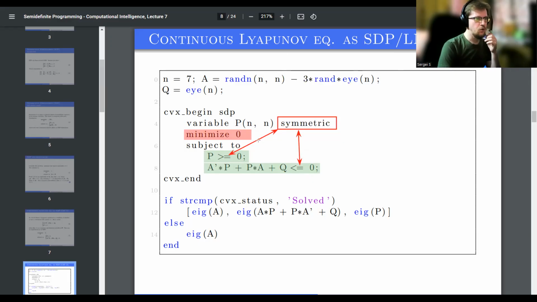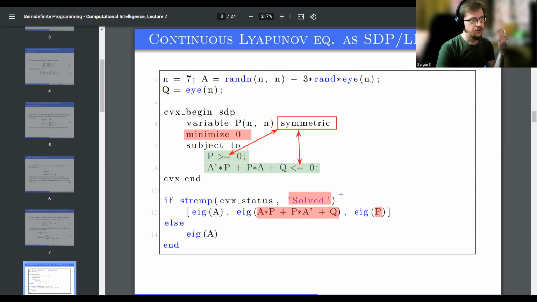Well, after you solve the problem, so it has status solved, you can print eigenvalues of this matrix, and they have to be, for this matrix, strictly negative and real. For this matrix, strictly positive and real. So if you see a complex part, or if you see an incorrect sign, you know that you messed up somewhere.